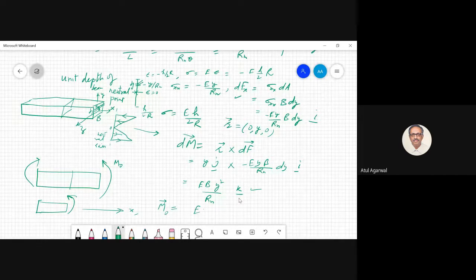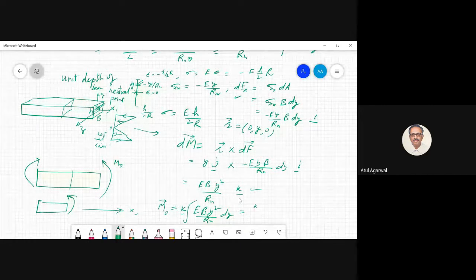So you take the moment integral. Can you recognize this term y square dy? You see E is a constant here. R neutral is also a constant. It is the same for the cross section. It doesn't change.